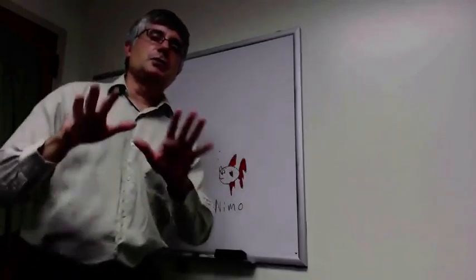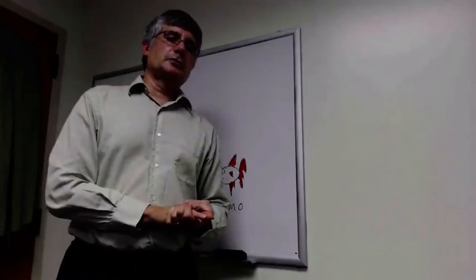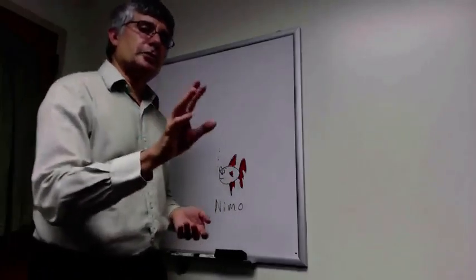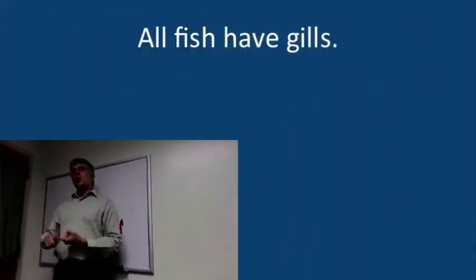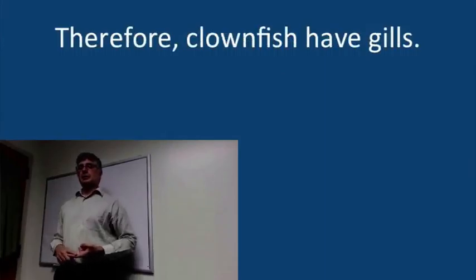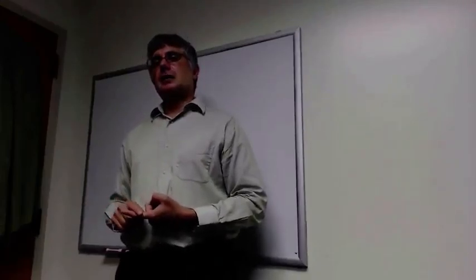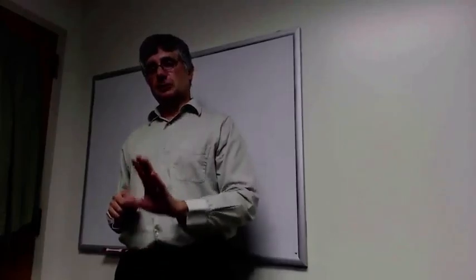But now suppose I give you a different argument for the conclusion that clownfish have gills. Here's how this different argument goes. All fish have gills. Clownfish are a kind of fish. Therefore, clownfish have gills. Now that argument is valid. There's no possible way for the premises of that argument to be true if the conclusion is false.